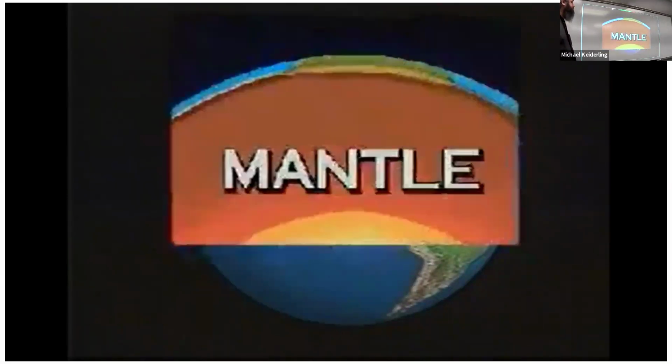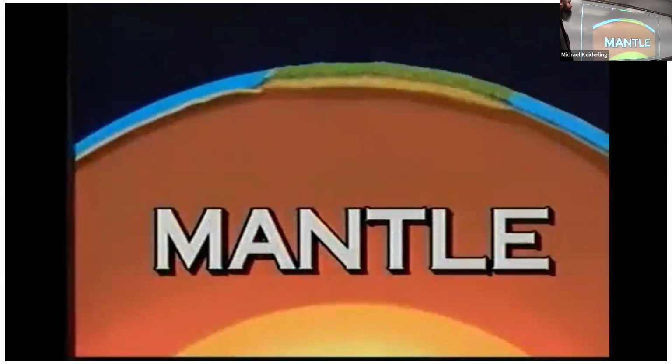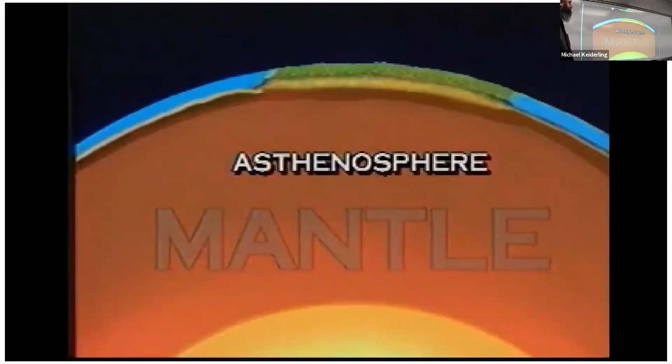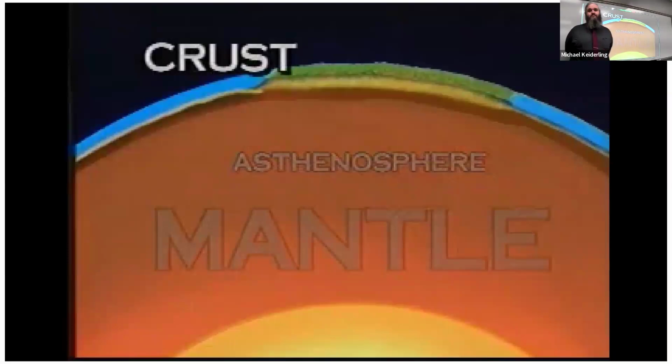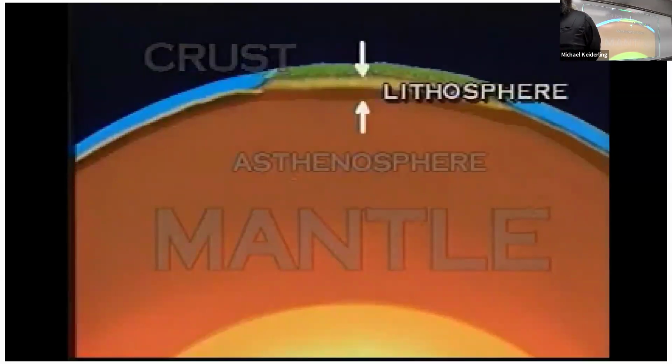However, towards the top of this layer, there exists an area of hot, thick, molten rock. This area is called the asthenosphere. And above this area is the cool and rigid outer shell of the Earth, which we call the crust. Geologists sometimes refer to the crust and the solid area directly below it as the lithosphere.